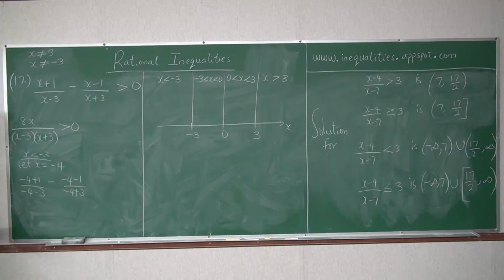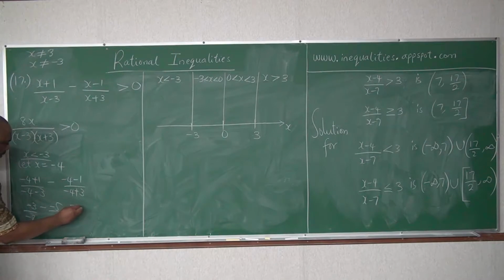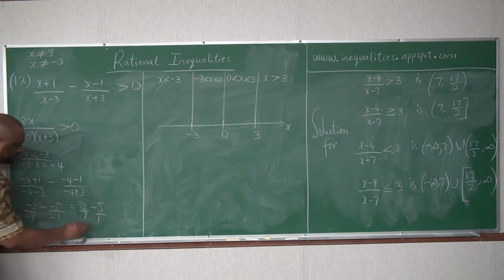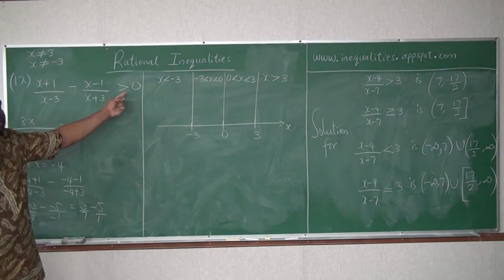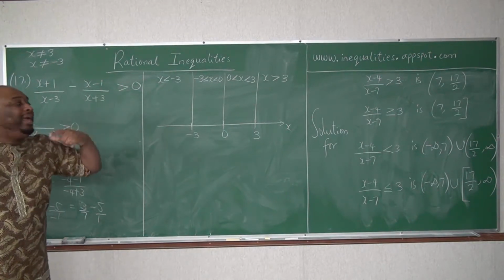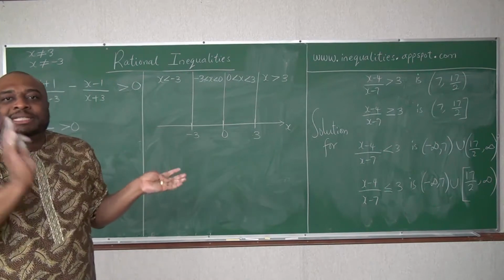So this will give us what? -3 over -7 minus -5 over -1. So that gives us 3 over 7 minus 5 over 1. Now, because the right hand side is 0, we are interested in, will it give us positive or negative?